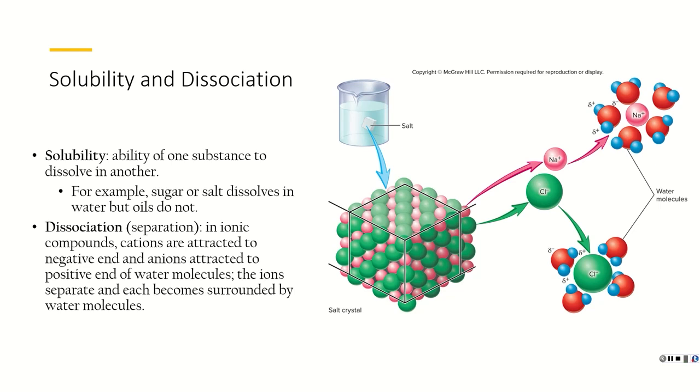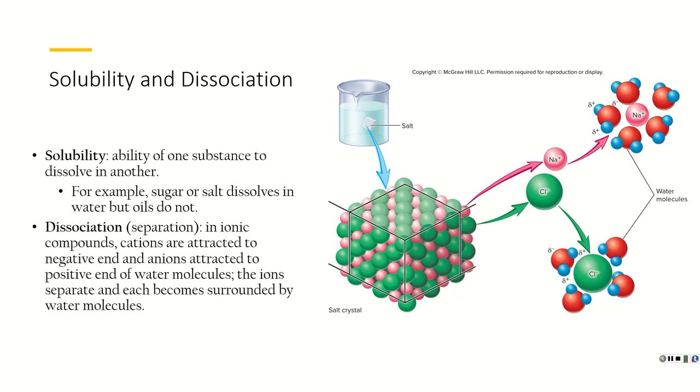So that's solubility, right? It really depends upon the substance you're trying to dissolve, and the substance you're using to dissolve, right? So that's where solubility comes in. Dissociation is really talking about separation of specifically ions, ionic bonds, right?